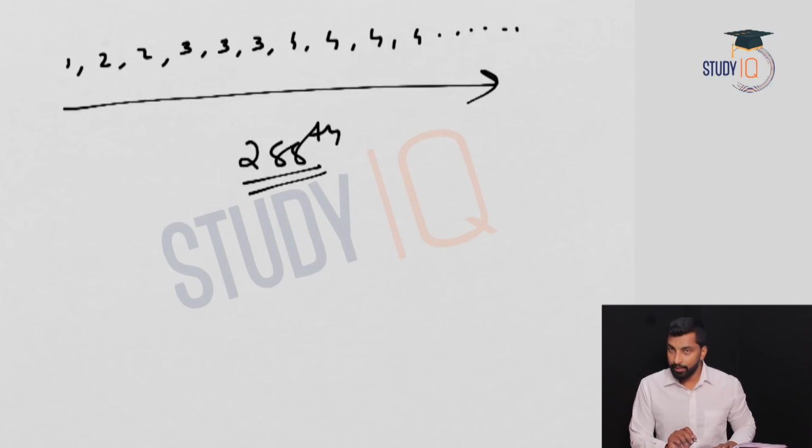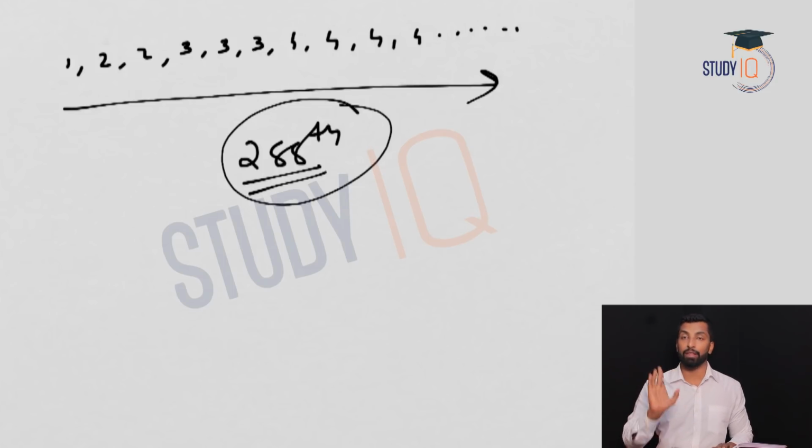Now this was the actual question. If you want, you can get the 289th term, 300th term, 312th term, 325th term, whatever it is, we are going to solve it. We will solve for 288 and we get the answer for everything.